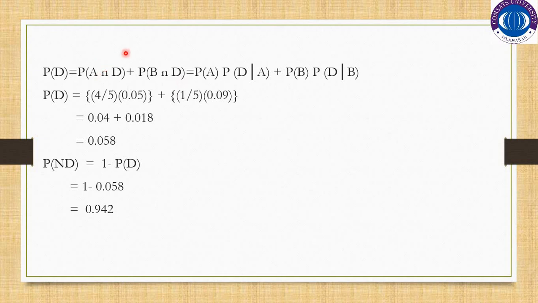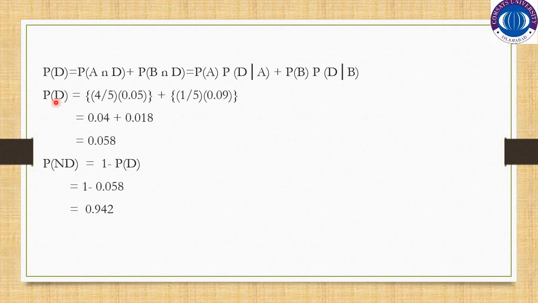We have two scenarios, either this could happen or this could happen. We will add both. So this would be equal to the probability that A supplies and the defective item comes from A, plus the probability that B supplies and the defective item comes from B. This is again the total law of probability.